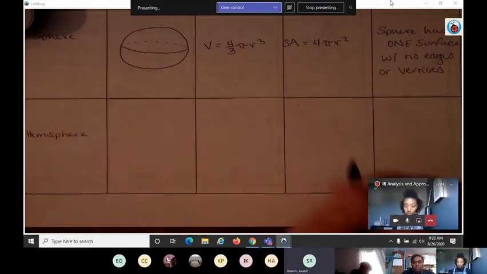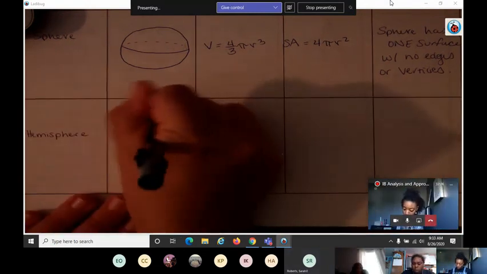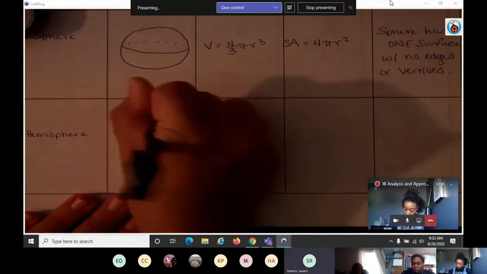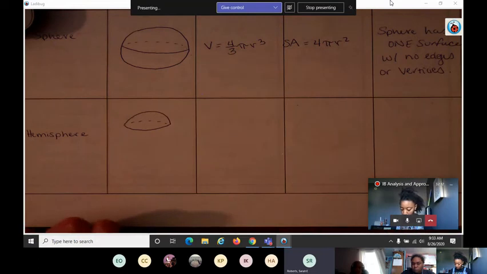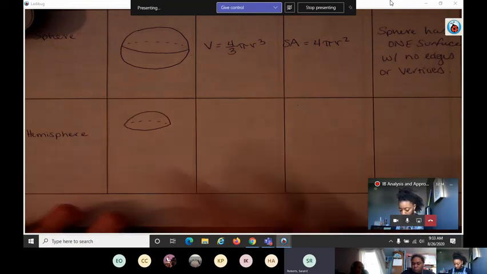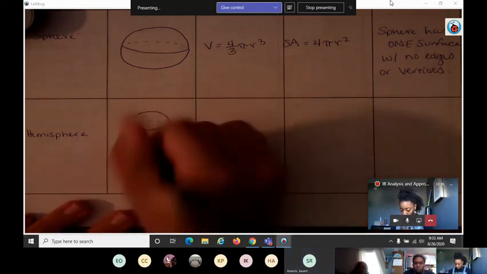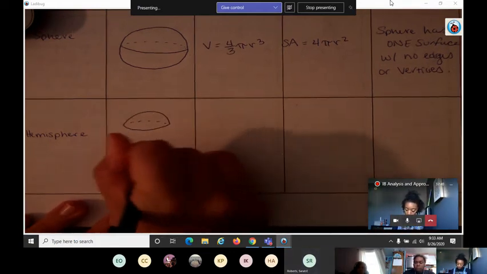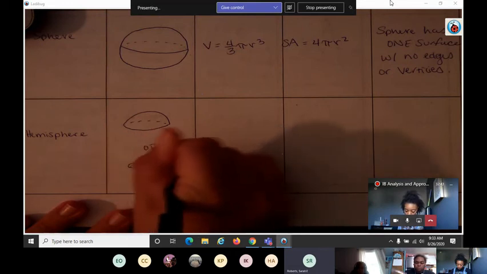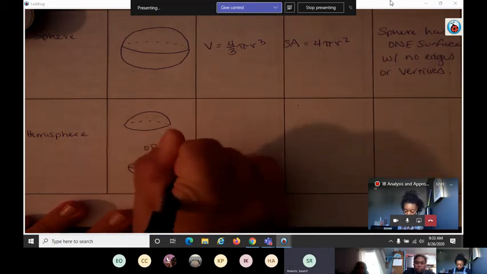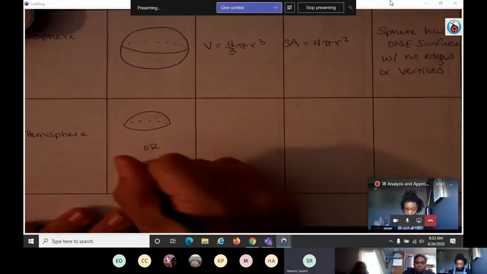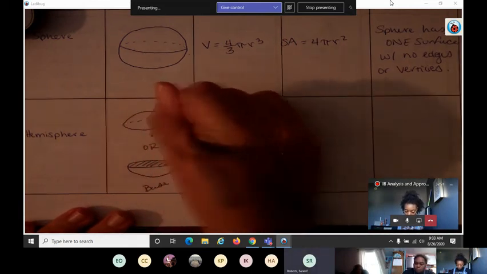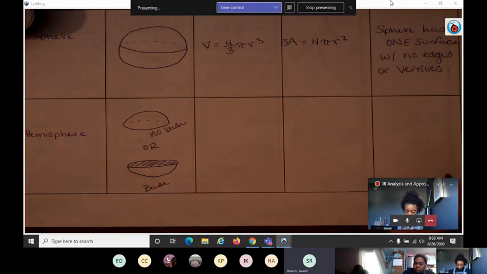Okay, so a hemisphere is an object, it's half of a sphere, but it could have no base, like this, or it could have a base. So we shade this in so it looks like it has a base. So base, no base. Okay, either are possible, and IB can ask you about either one.